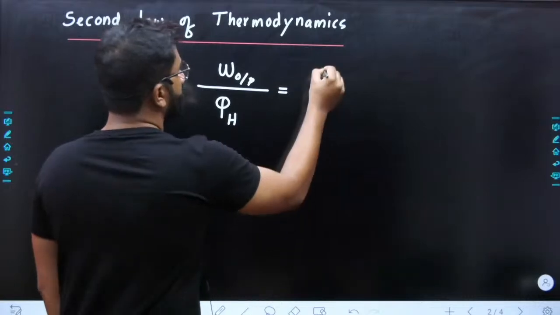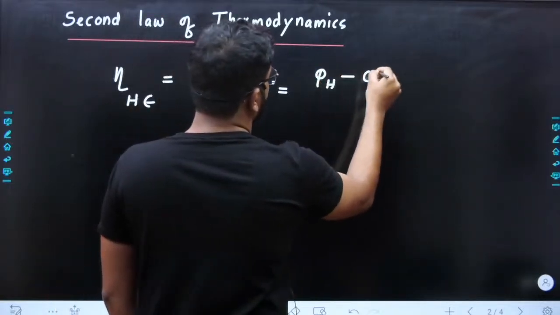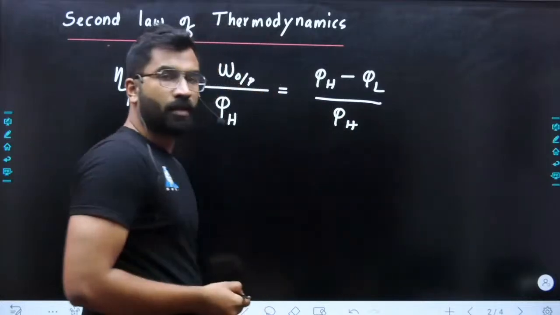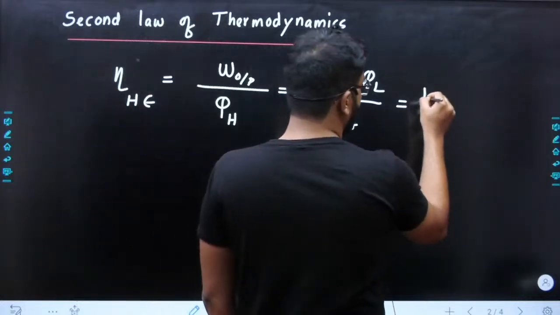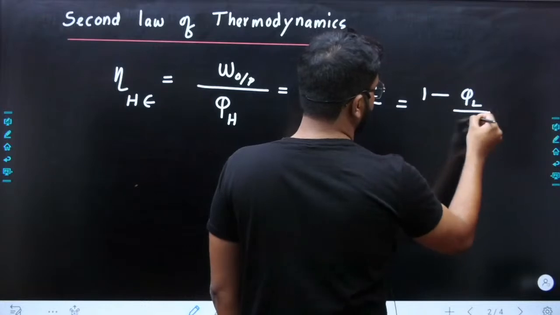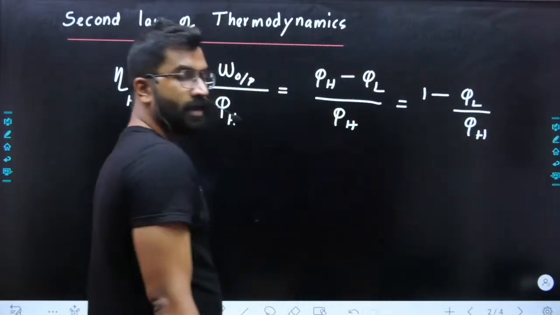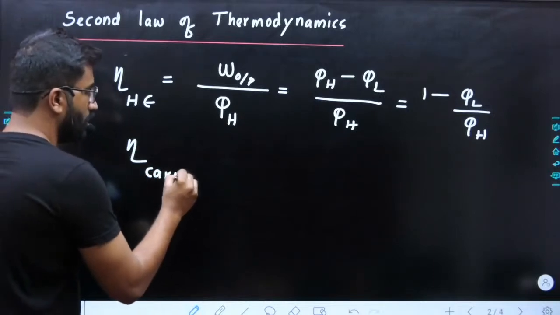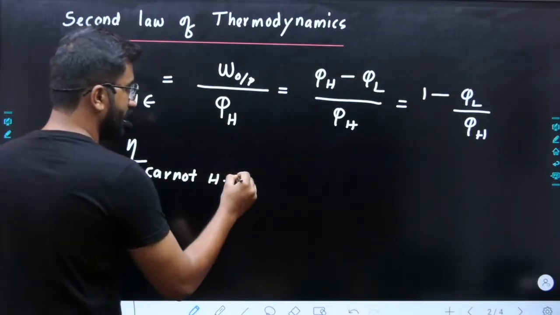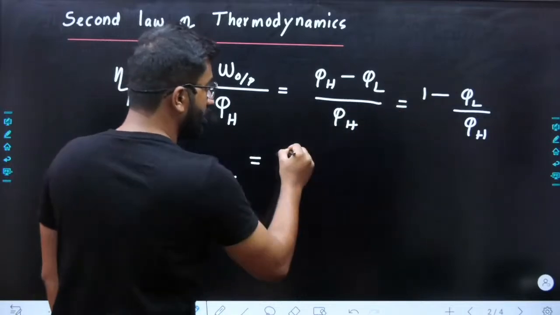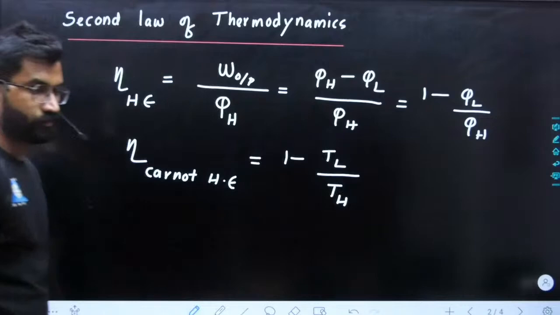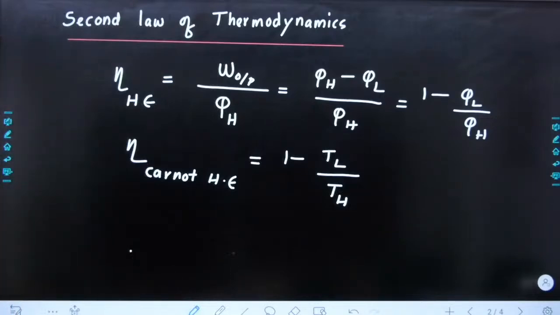So it will be QH minus QL divided by QH, which is 1 minus QL by QH. If it is a Carnot heat engine, what is the speciality? You can write QL by QH as TL by TH.